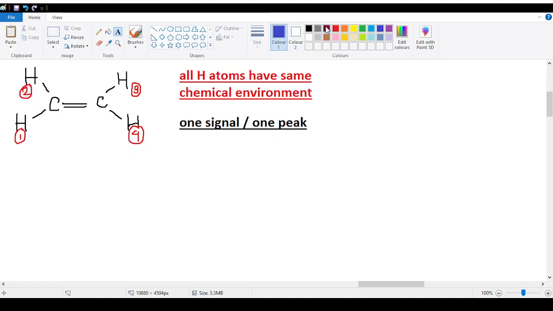Here, whenever we are trying to figure out the number of peaks, we have to follow this rule called the n plus 1 rule.